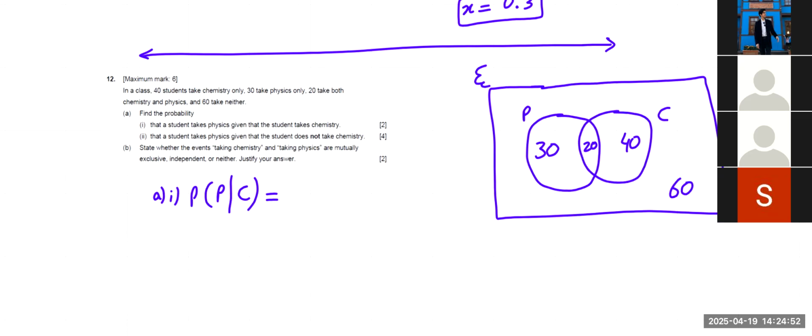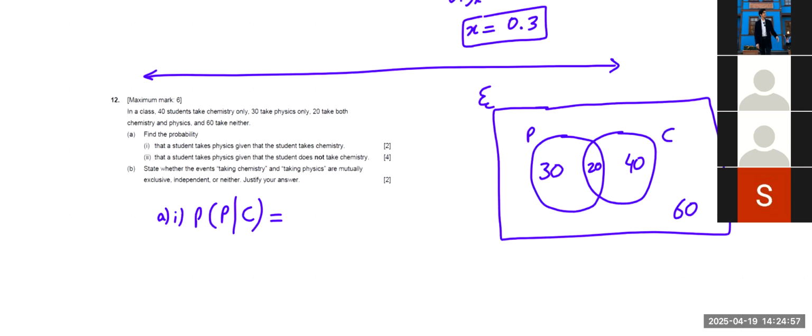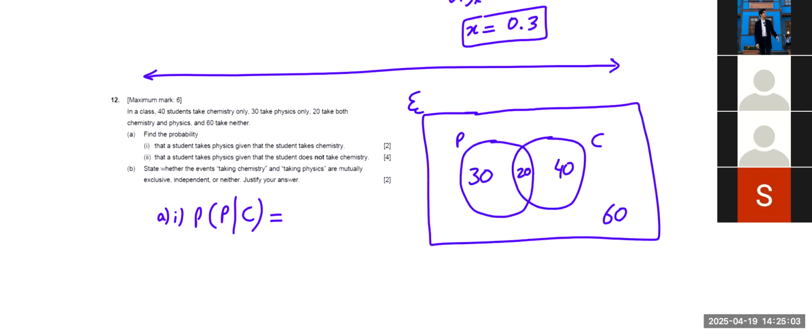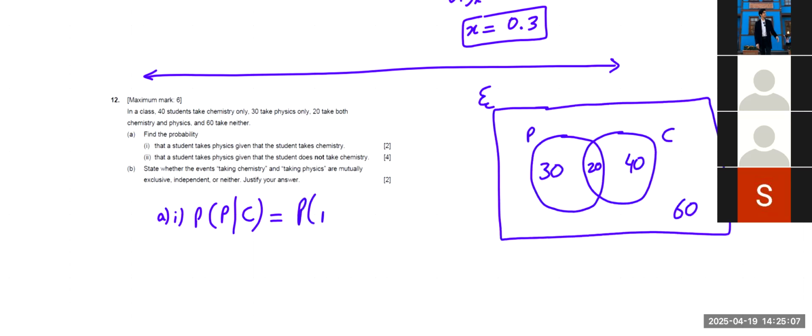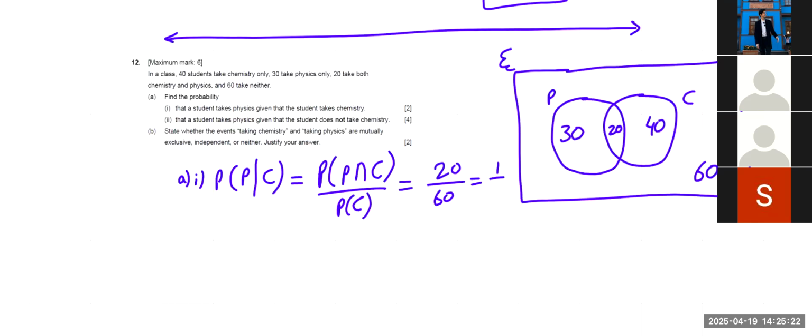Would it be 20 over 20 plus 40? That's exactly perfect. Yes, good. However, I was expecting more of an answer like this one, and then I was going to put the values in. But yeah, that's exactly perfect. So we're going to have 20 intersection over all of C, which is 60, which gives you 1 over 3 basically.